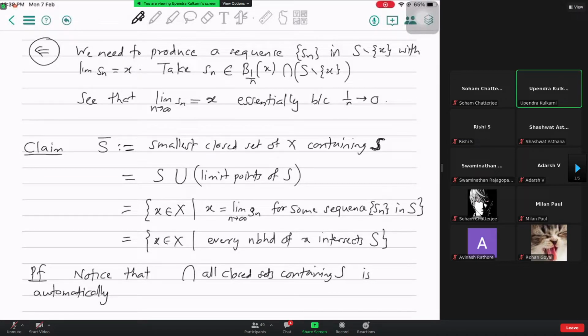Why is this set closed? We proved it, sir. Or rather, right? We showed that an arbitrary intersection of any bunch of closed sets is closed. So this is automatically closed. And it is automatically the smallest closed set containing S.